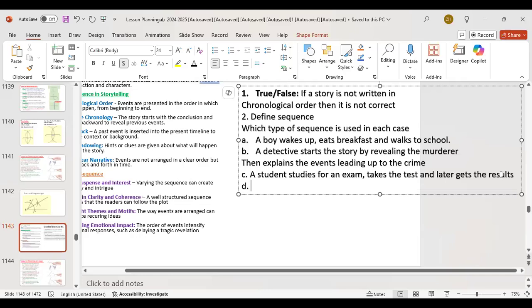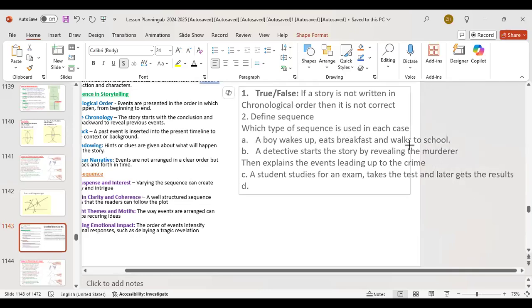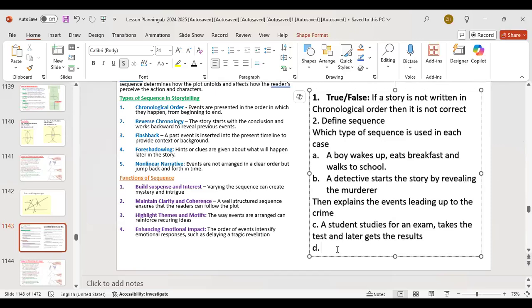D, the main character dreams of an event and later in the story it happens.